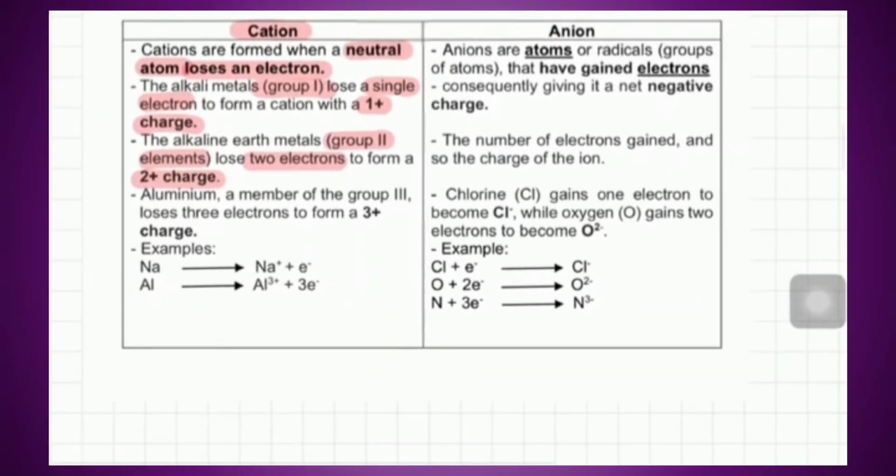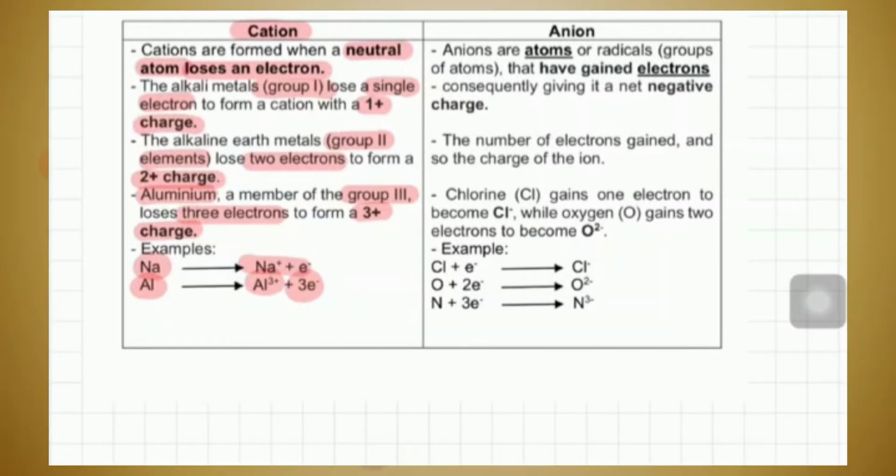Aluminium, a member of group 3, loses 3 electrons to form a 3+ charge. See the example. Na or sodium will be Na+ plus 1 electron, because it's from group 1. And aluminium from group 3 will be Al3+ plus 3 electrons.